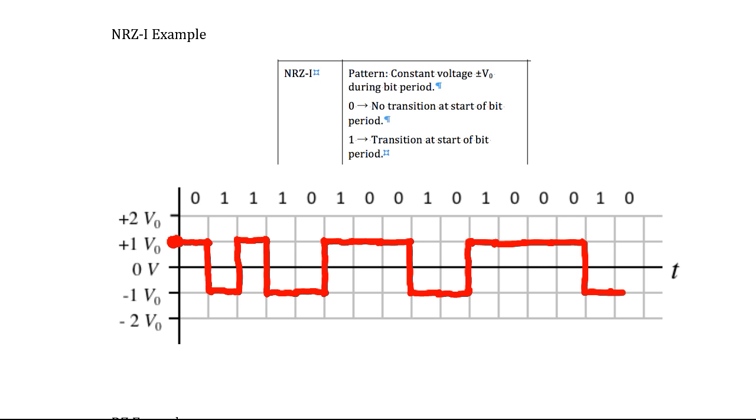And 0, don't. So there's the waveform that results from the NRZI rule. Okay, and you can see that to the left of every 1 is one of these vertical lines, and to the left of every 0 is not a vertical line. Okay, so that's the NRZI.